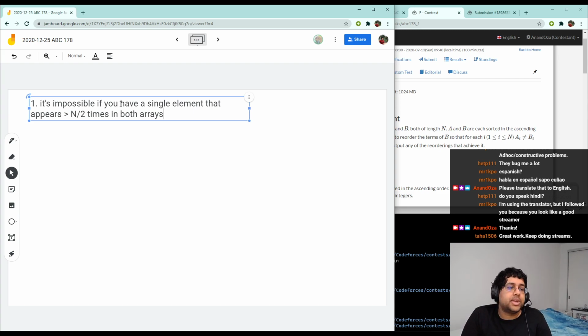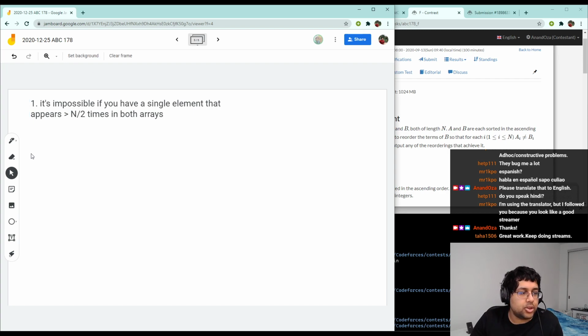If you imagine assigning that element a bunch of indices, you would end up assigning it that index twice. And I think this might be a good framework to think about the problem.